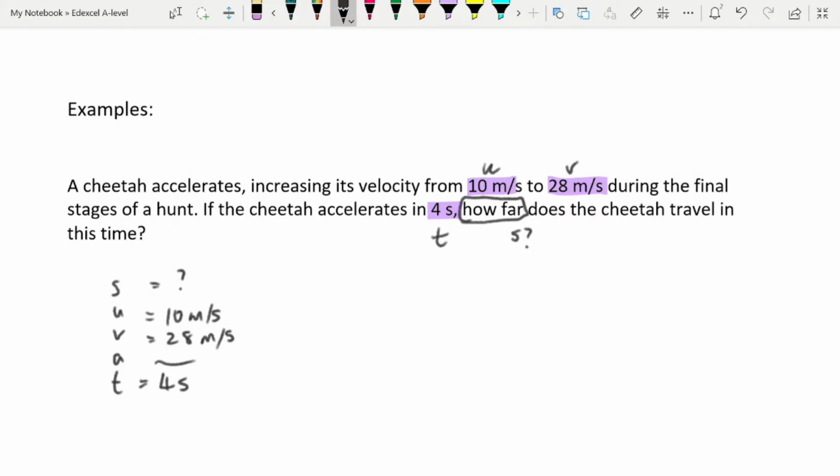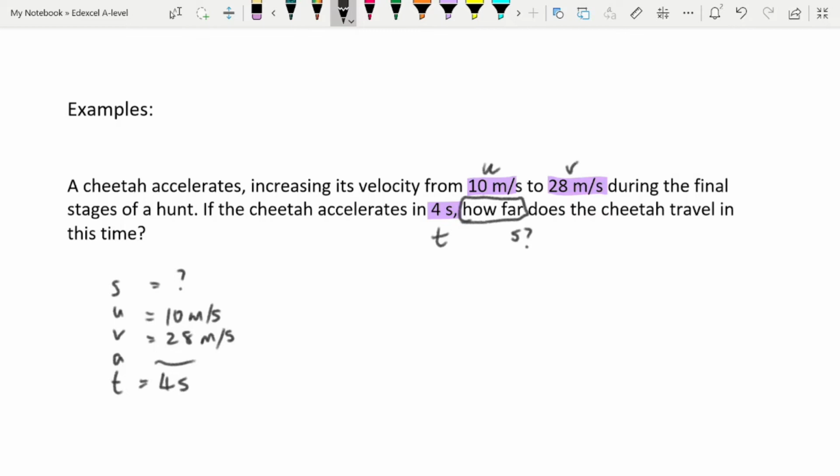So what you can do here is, we don't have acceleration. If we think, okay, what am I going to do to find the s, the equations that have s in them, s equals ut plus a half a t squared, that's going to need a. v squared equals u squared plus 2as, again that needs a.